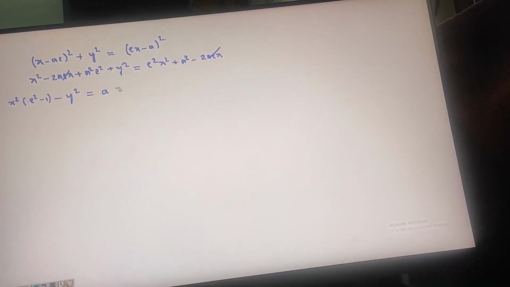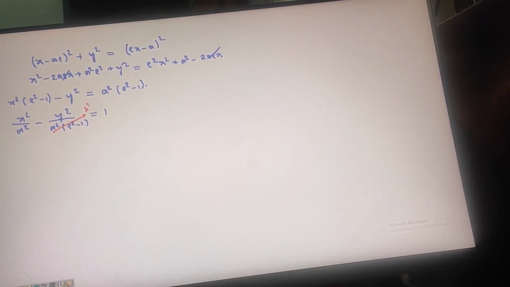So I am getting a square e square minus 1, right? If I divide throughout by the right hand side factor, I will get x square by a square minus y square by a square, e square minus 1, is equal to 1.